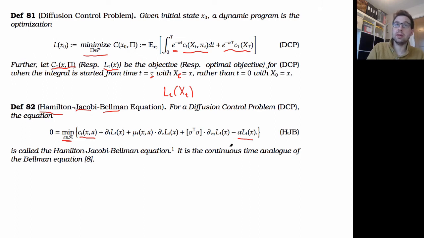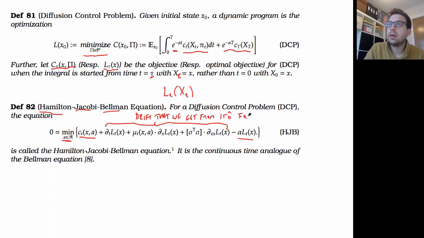And you can notice that this term here is the drift that we get from Ito for dL_t(x_t).